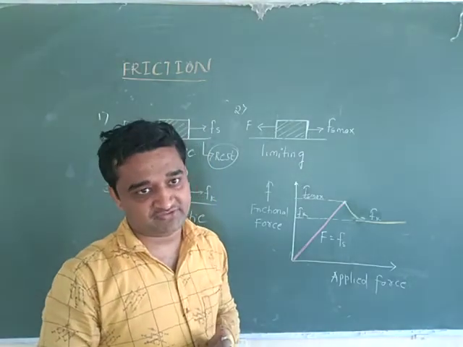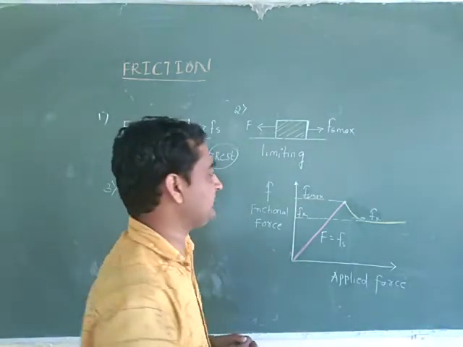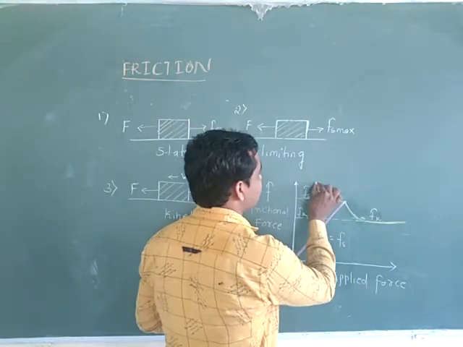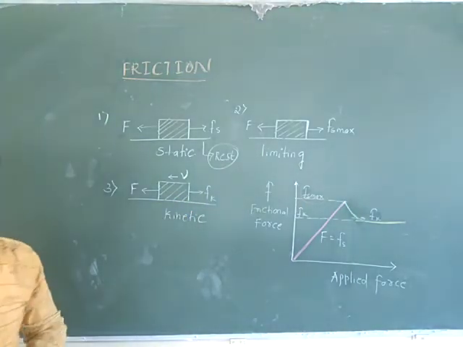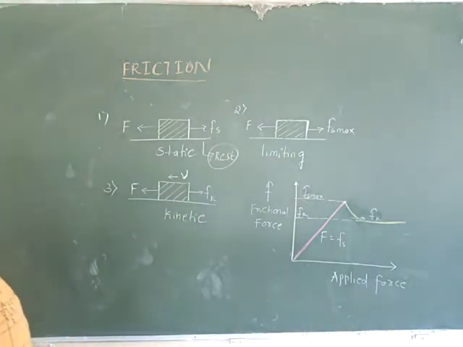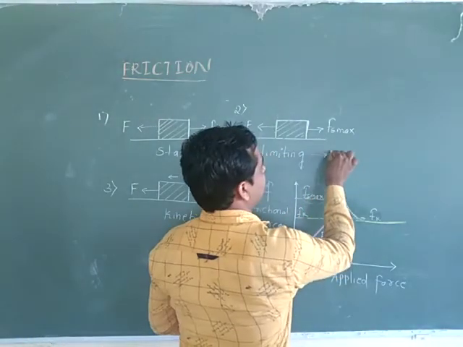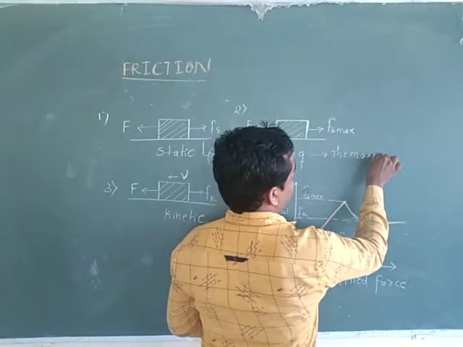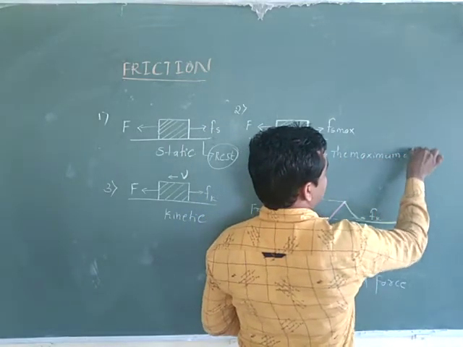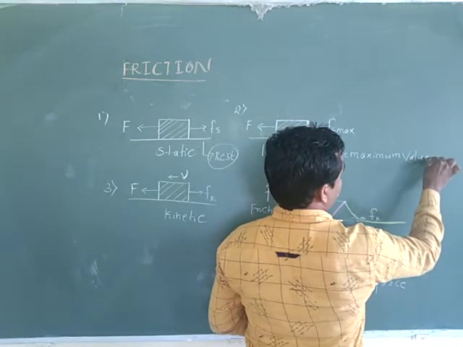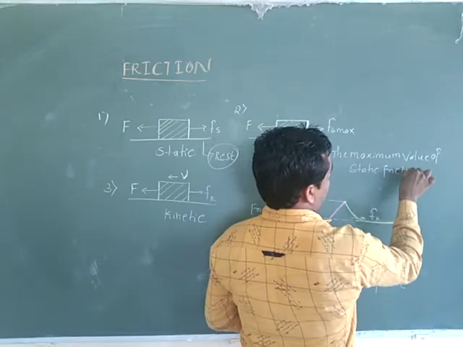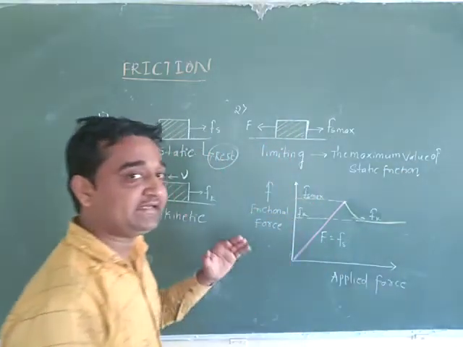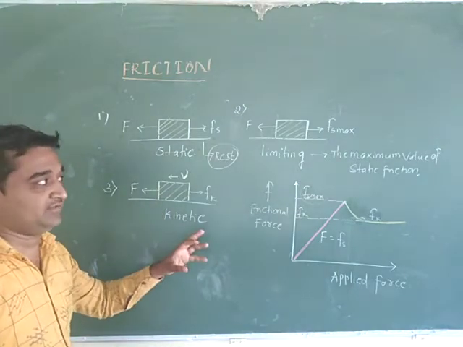At a certain point we have the maximum value of static friction, and that maximum value of static friction is called the limiting friction. What is meant by limiting friction? The maximum value of static friction between any two bodies in contact, right?